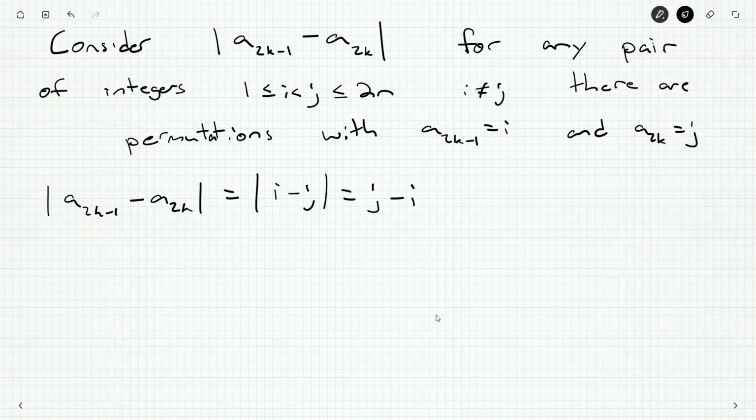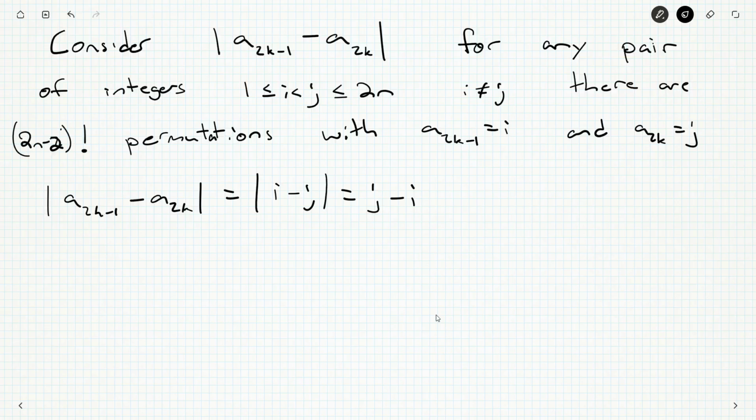So how many permutations actually do this? Well, we have two numbers fixed, but then everything else, all 2n minus 2 other numbers, can be rearranged freely around them.